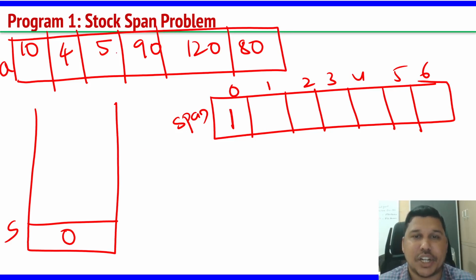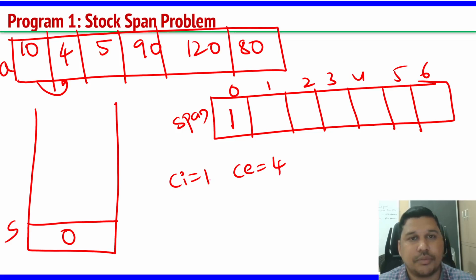Now, begin the iteration. Start the iteration from index 1. So, the current index is 1 and the current element is 4. What you have to do? Compare this 4 with the stack top index element. What is there in the stack top index? It is 0.